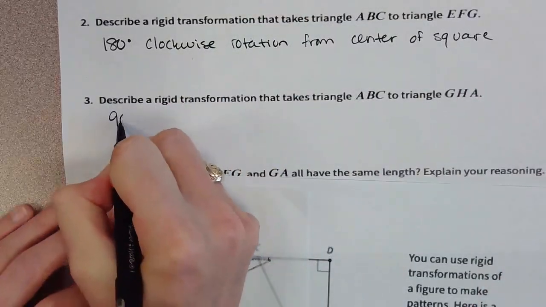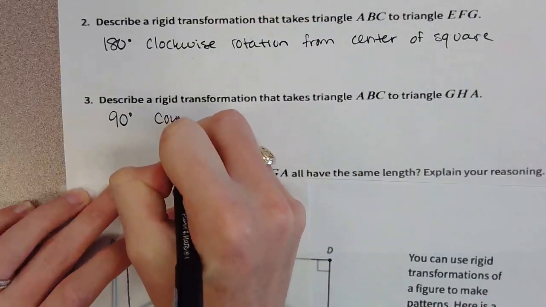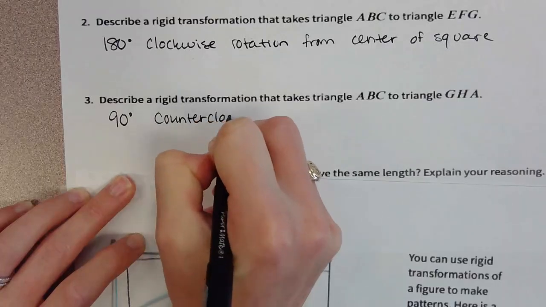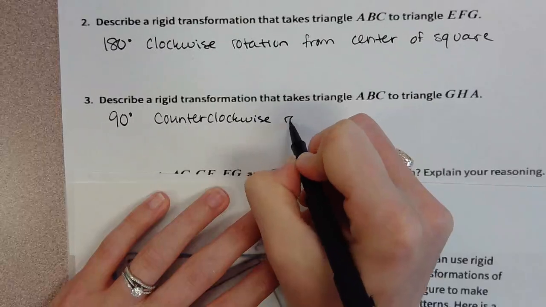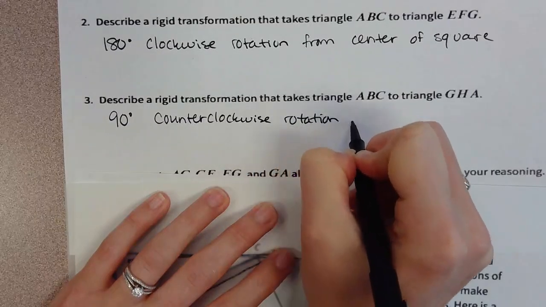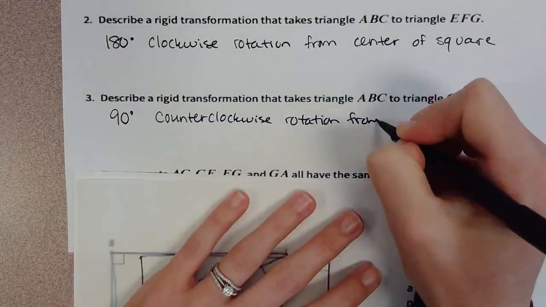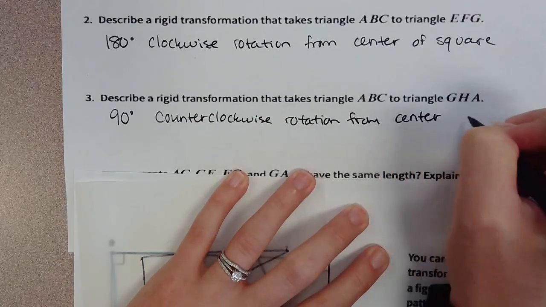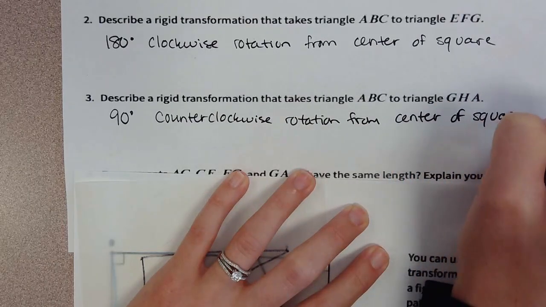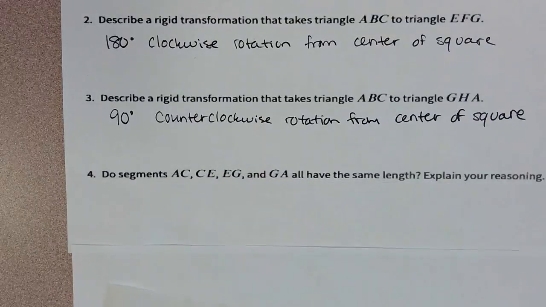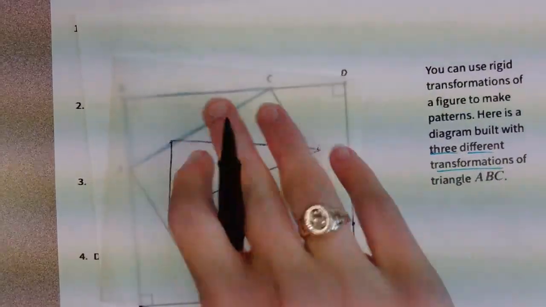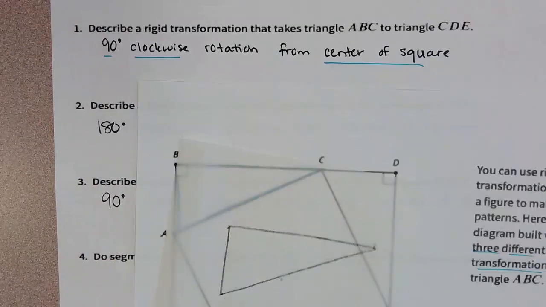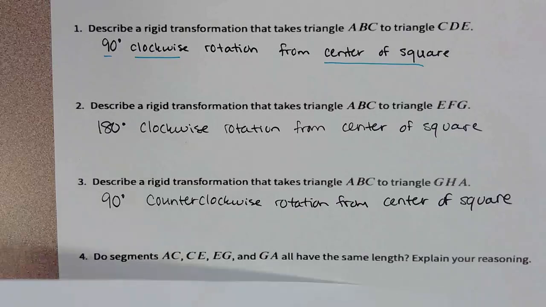Okay, 90-degree counterclockwise, opposite direction a clock moves, rotation from still using the center of the square. Okay, so that is how we're making our pattern. With our rotations, they're all moving pretty much 90 degrees each time, figuring out if it's clockwise or counterclockwise.